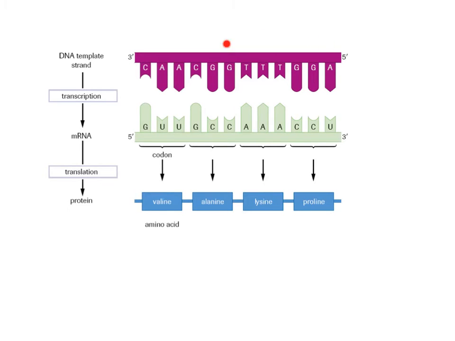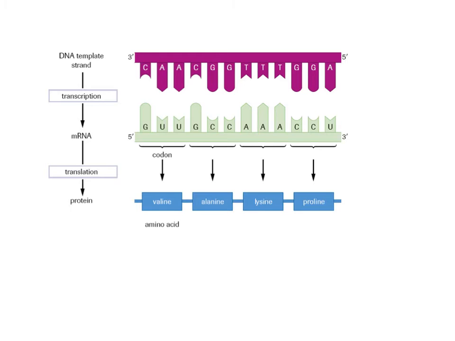And remember, this DNA can't leave the nucleus. It's got the gene information, but it can't leave the nucleus. So it makes a copy of itself, but in the form of our mRNA, right? And that process is transcription. So in transcribing from DNA to mRNA, notice that the strand runs anti-parallel. Not super surprising.